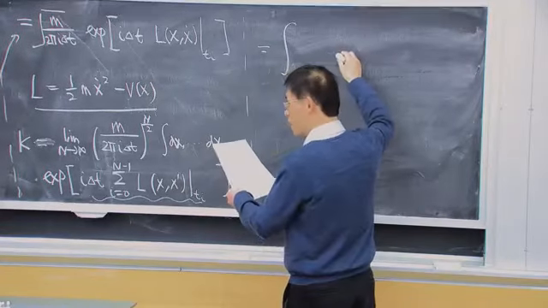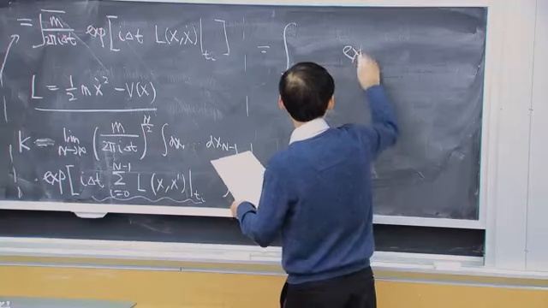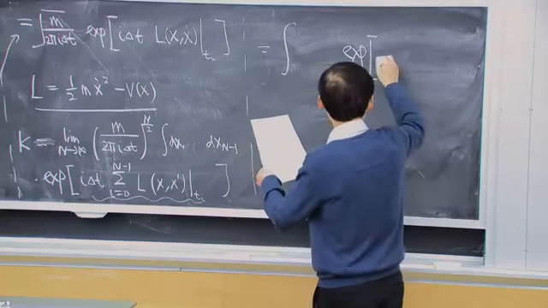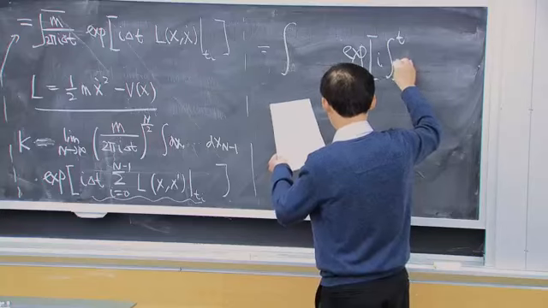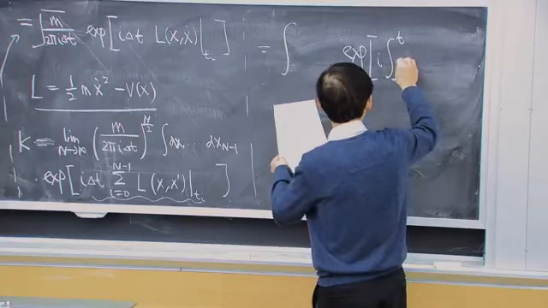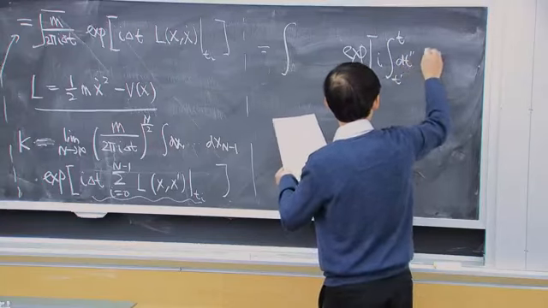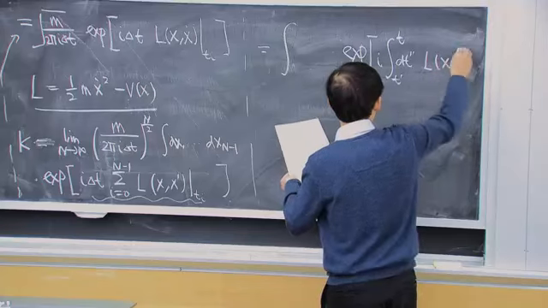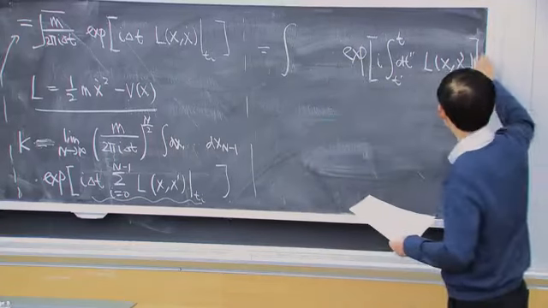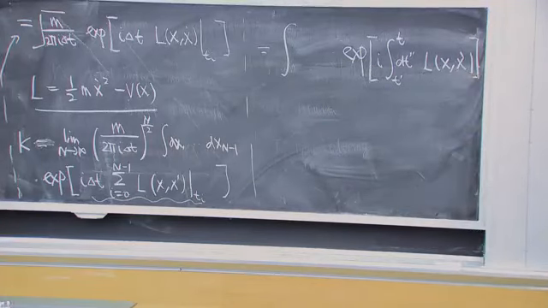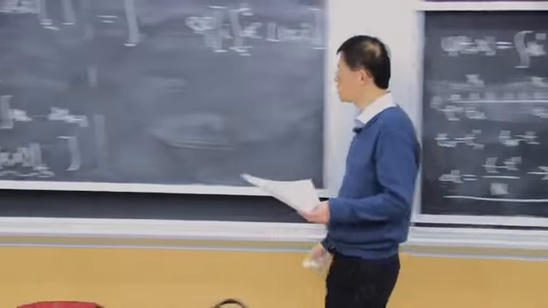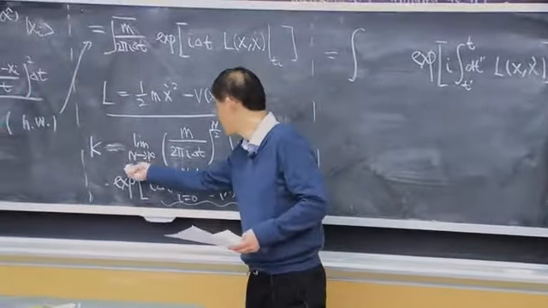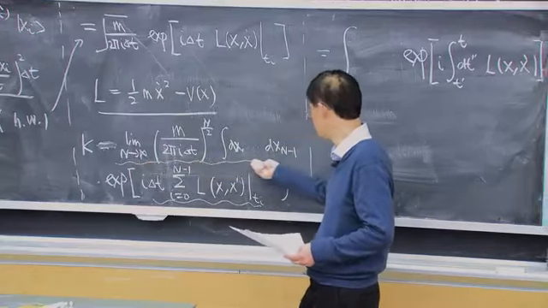The exponential part we can write as exponential of i times the integral from t prime to t, dt double prime, L(x, x dot). The integrand just becomes like that. But we still have this whole bunch of complicated stuff, taking n to infinity.